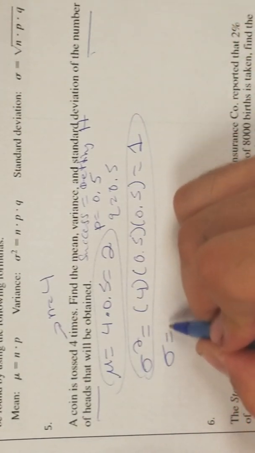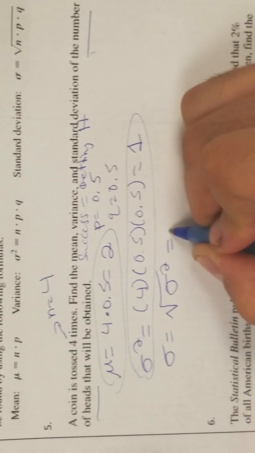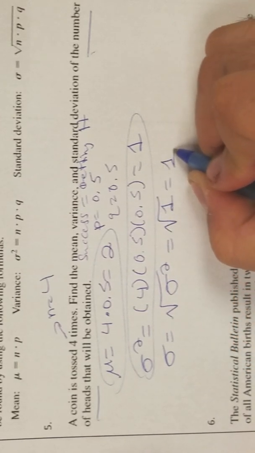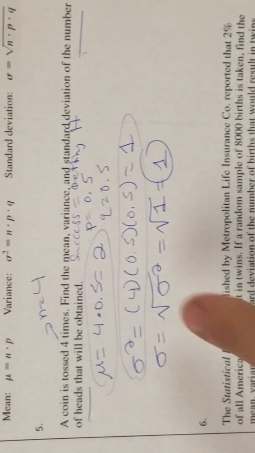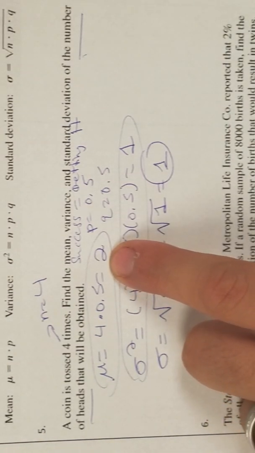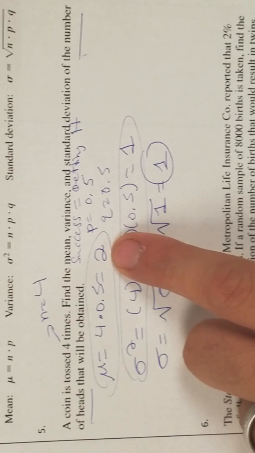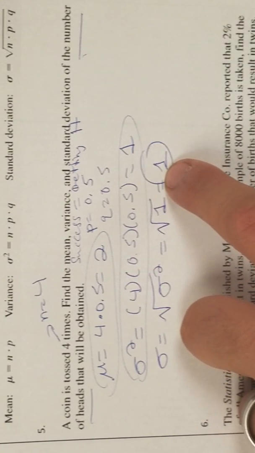Now standard deviation, all you got to do is take the square root of the variance, which is square root of 1, which is 1. All right, so that's it for that example. Not too bad. So on average, if we keep doing this experiment forever and we average the results, we'll get 2 heads. And then on average, it seems that the spread is about 1.